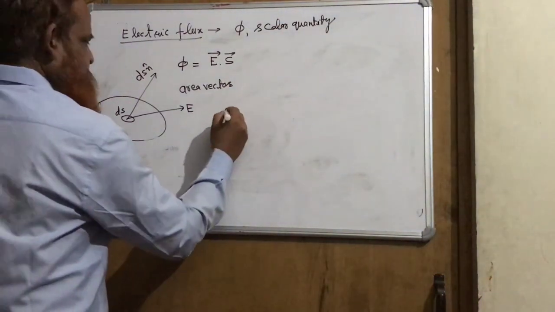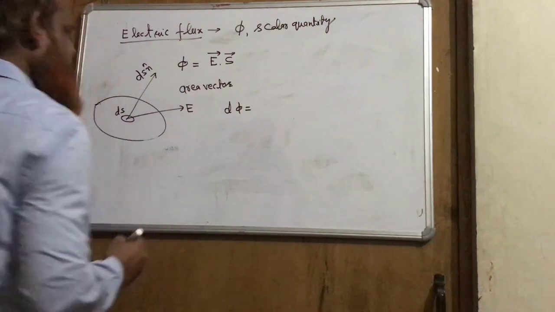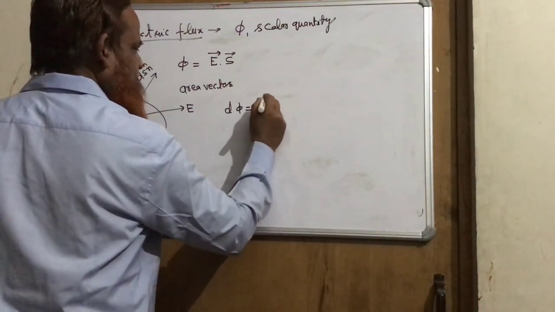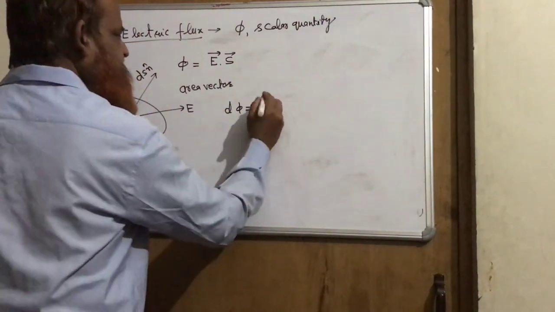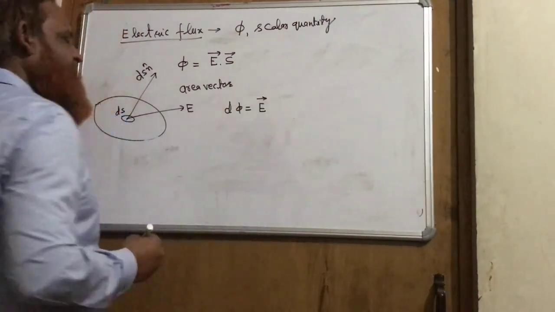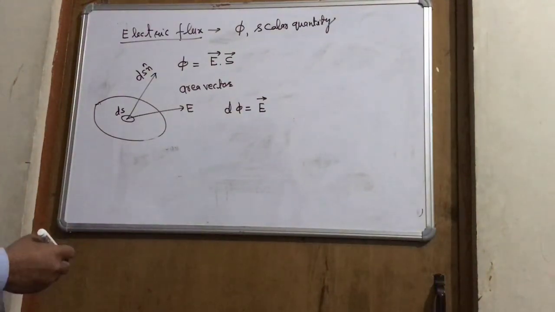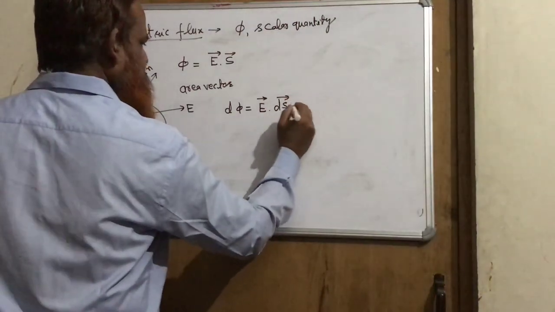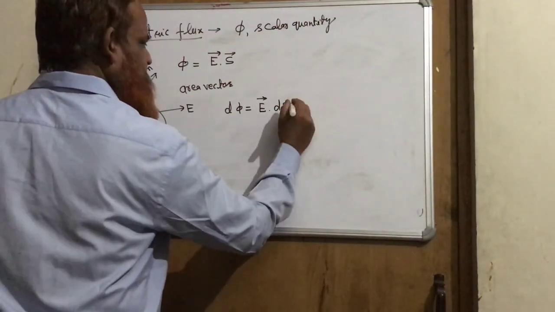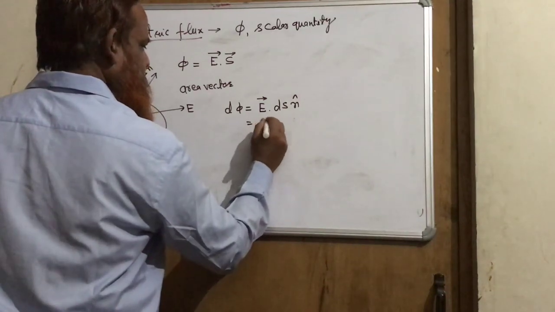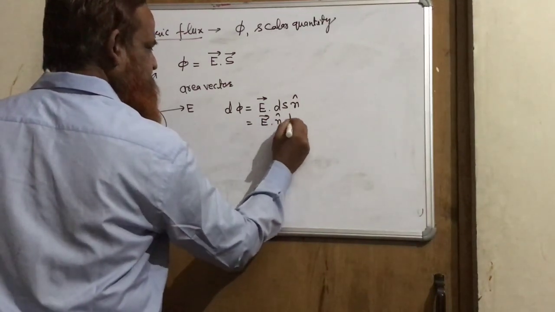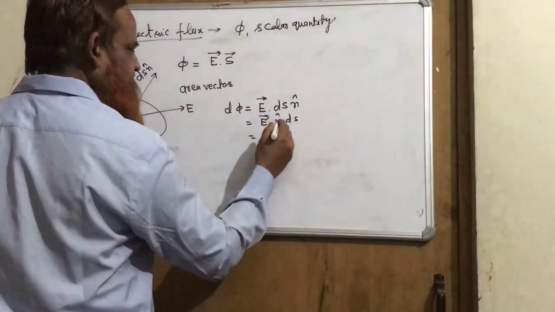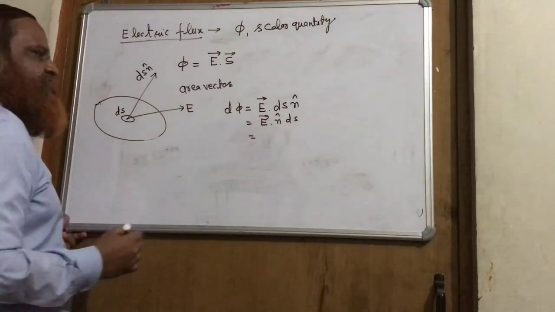So electric flux d phi will be the dot product of the electric field vector, electric field intensity. We say electric field intensity as electric field. So it is E vector dot dS n cap. Its magnitude is E, n cap is a unit vector, so its magnitude is 1.